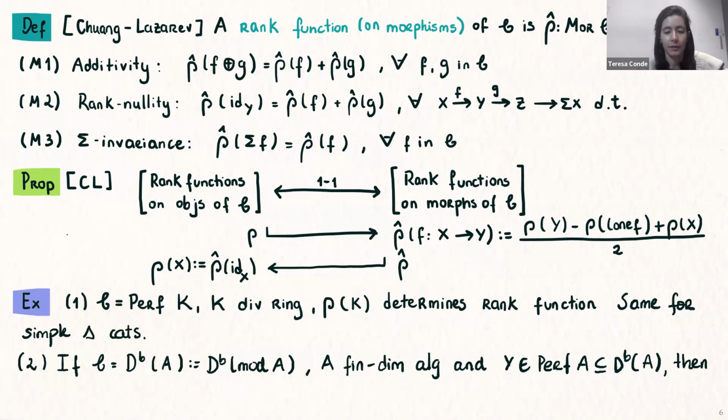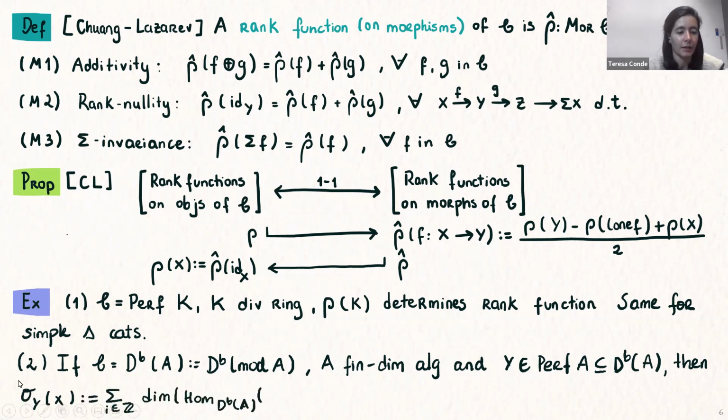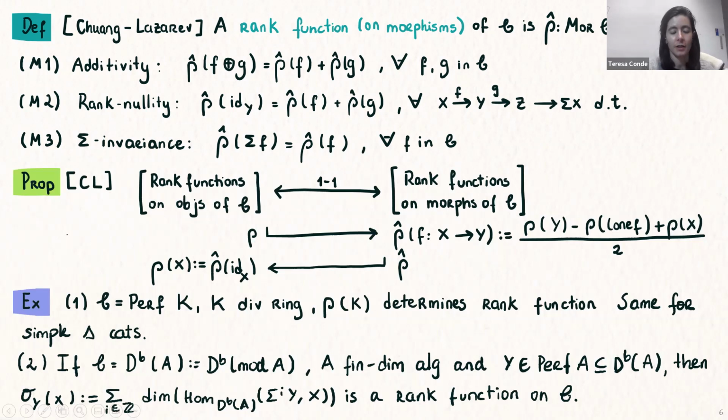So some complex which is quasi-isomorphic to a bounded complex of finite dimensional projectives. Then one can define a function, let's call it sigma of Y, on the objects of C in this way, via the sum of these dimensions. And it's not hard to see that this gives a rank function on C.